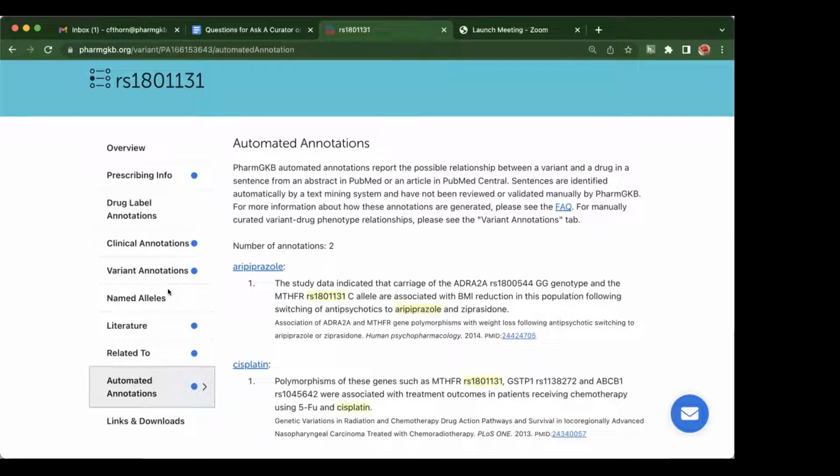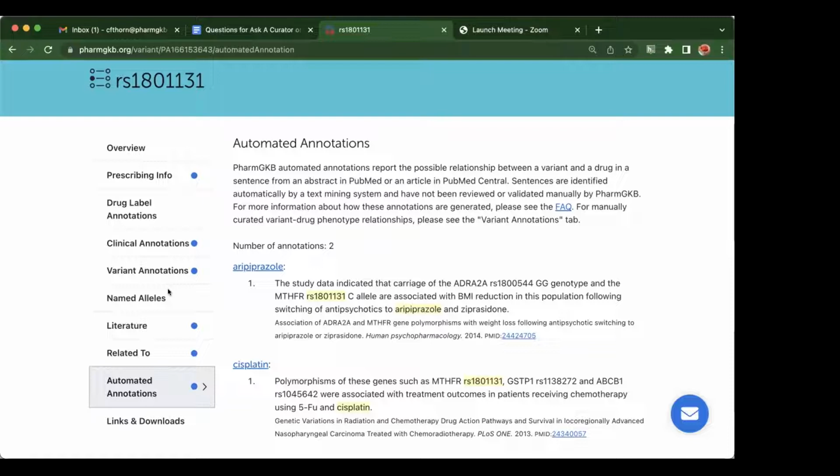Private. Do we have rare variants? Okay, anything that, no, we can only annotate things that are published.